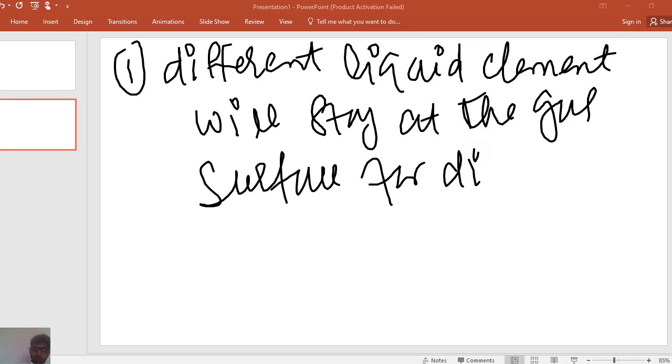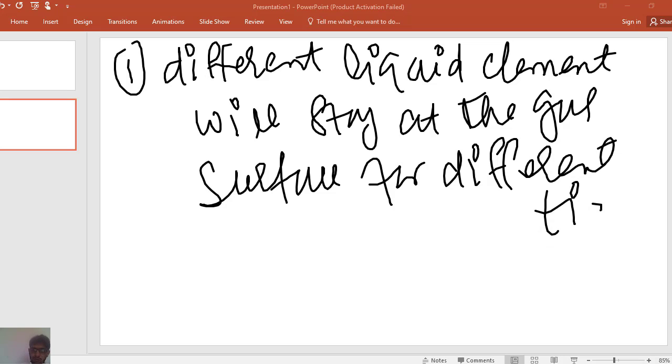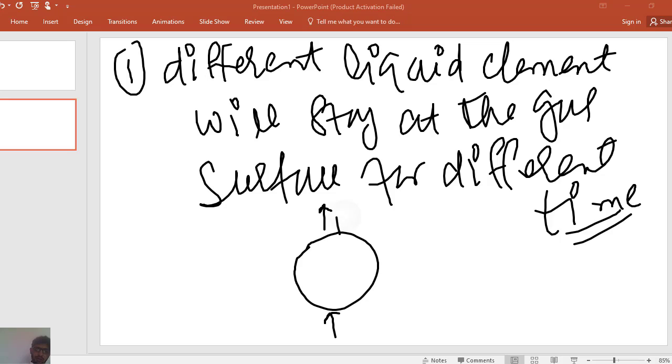For example, in the penetration theory, it was said that every liquid element will stay for the same time on the bubble surface.